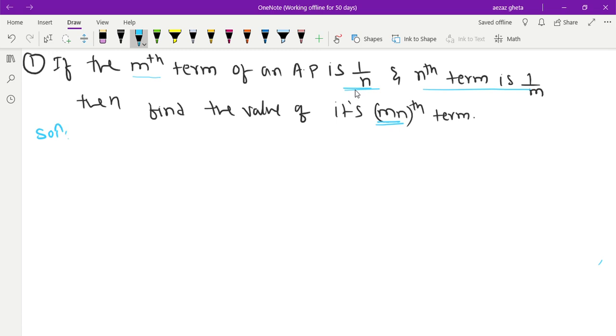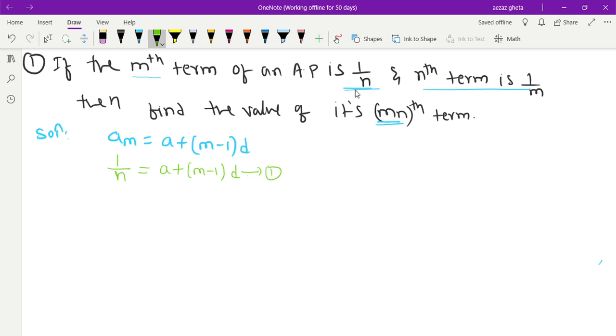Solution. You know the formula for the mth term: a_m is equal to a plus (m minus 1) of d. The mth term is given as 1 by n, so here we will write 1 by n is equal to a plus (m minus 1) into d.